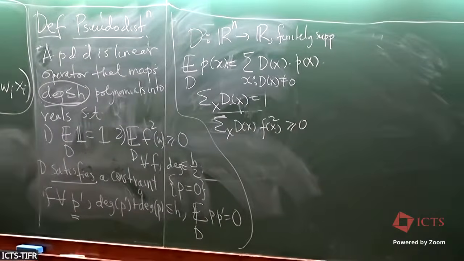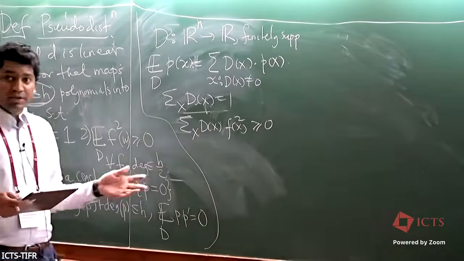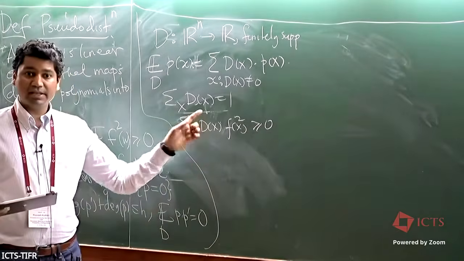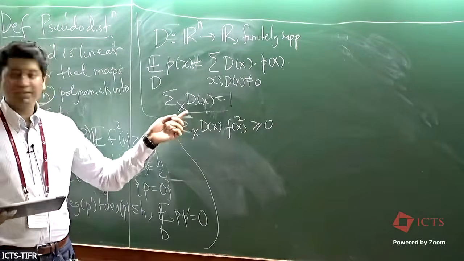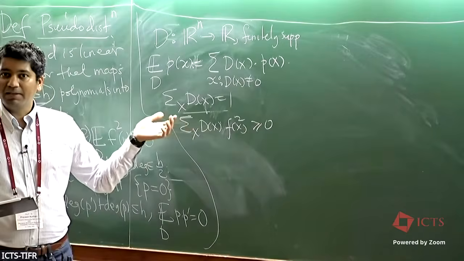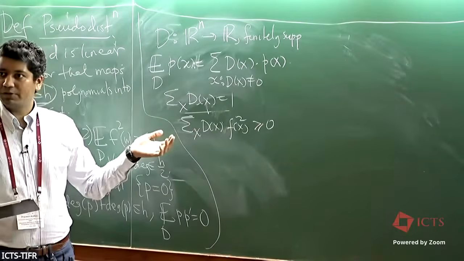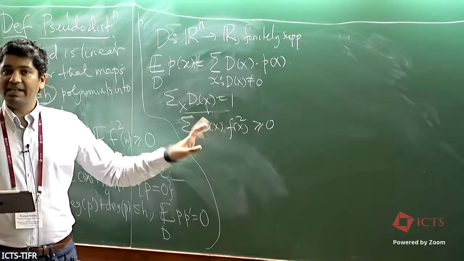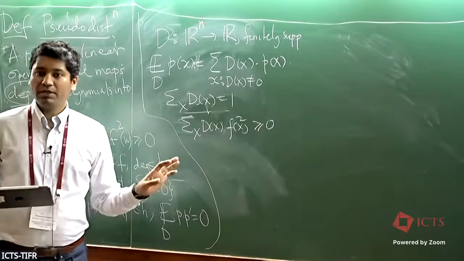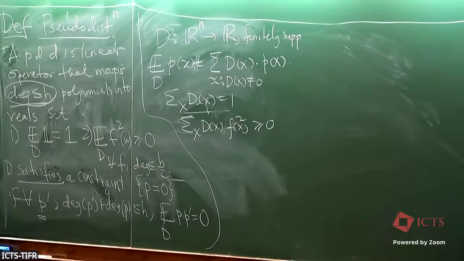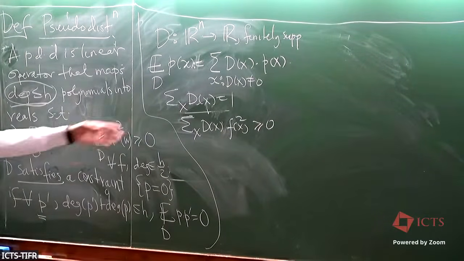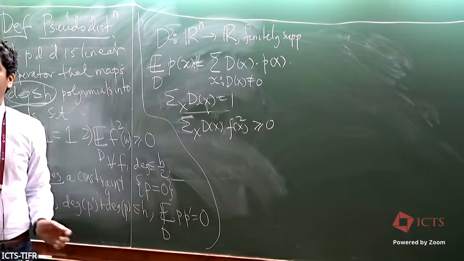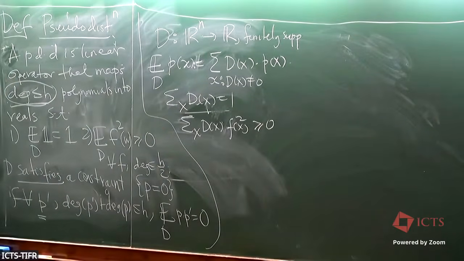And like Santosh said, an actual distribution has some property which is obvious, which is that D(x) is always non-negative. It's a density or mass function. I'm not claiming that, and in fact, it won't be true in general. So you can think of a pseudo distribution as relaxing the non-negativity of the mass function, while still maintaining a few consequences of that non-negativity. Okay, good.